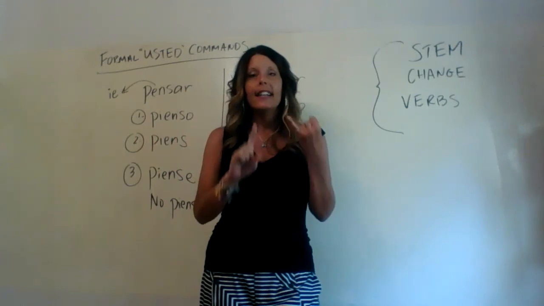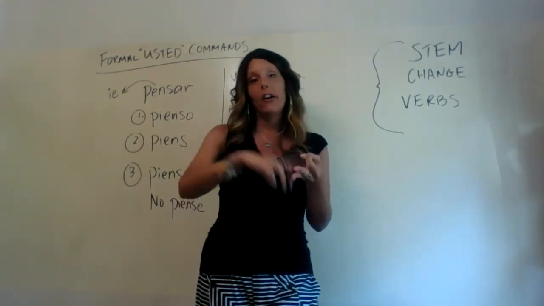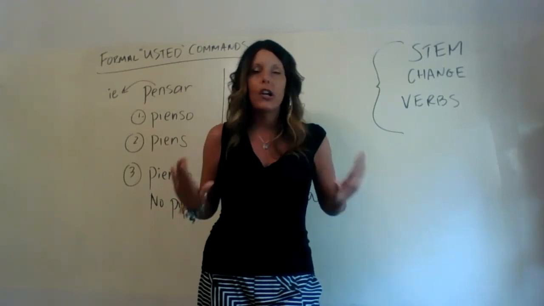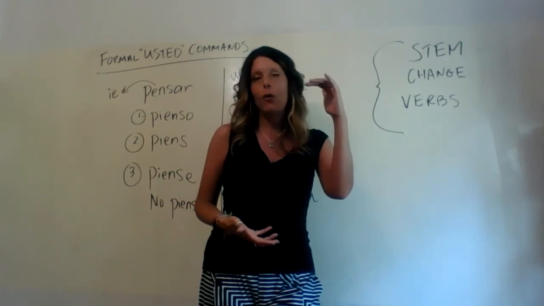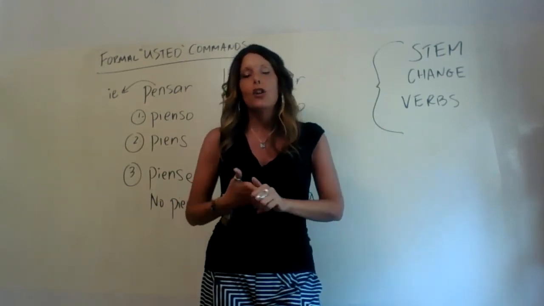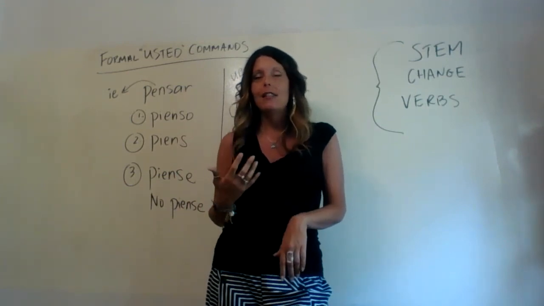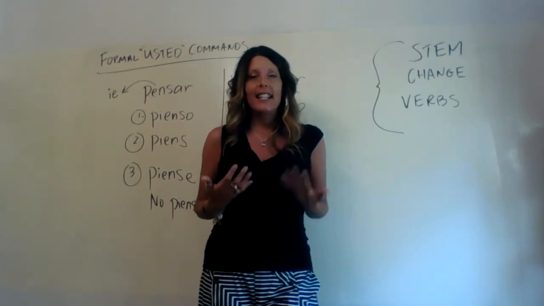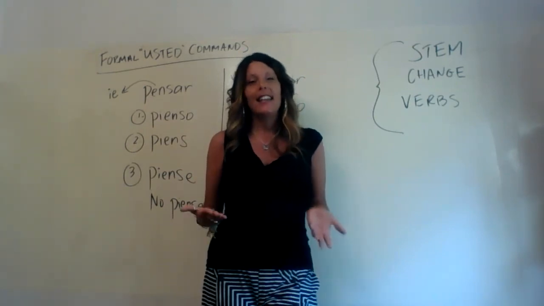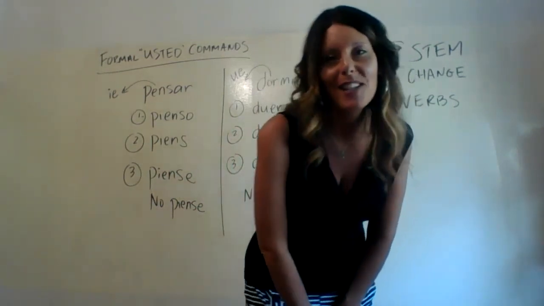No, they're not. They're stem change verbs, and then we will see spell change verbs, and then we will see car-gar-zar, and none of those are considered to be irregular because they're in a finite category that follows certain rules. So do not consider any of these categorizations of verbs to be irregular until we get to the irregular ones, and then those are the only irregular ones. So this is stem change verbs as formal usted commands.